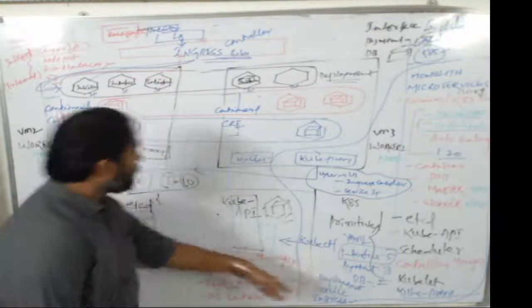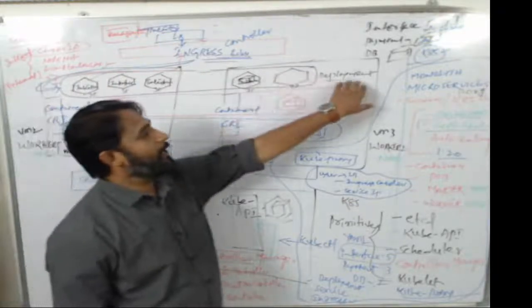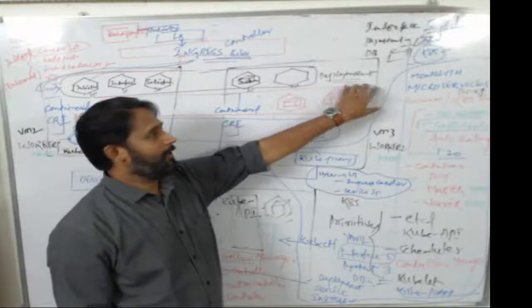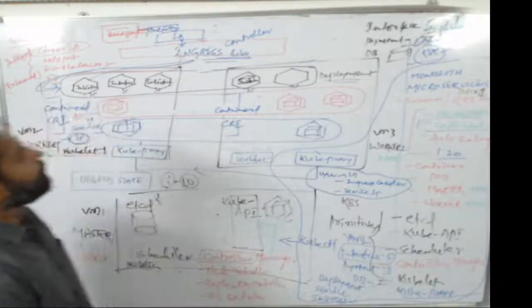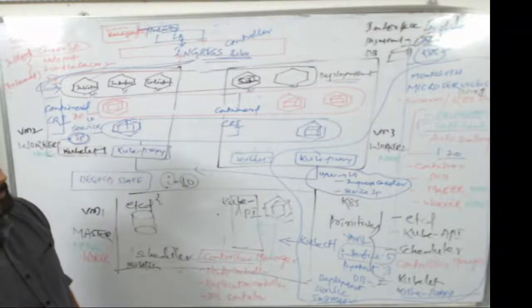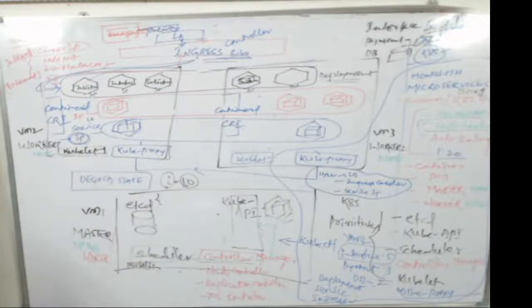Now, if you want to deploy a group of pods, it is called a deployment. Alright? And you do the deployment using kubectl. Each one of the pods inside a deployment is called a replica.